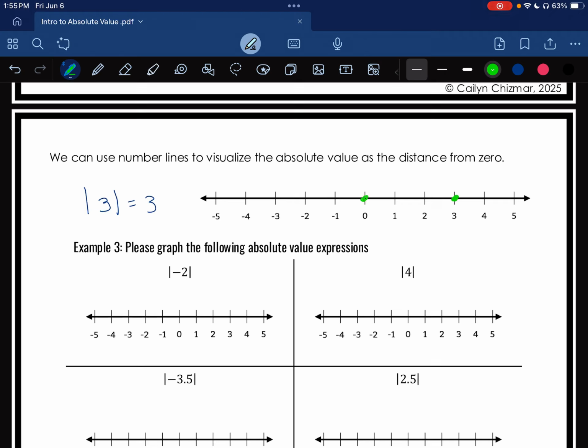This distance is the absolute value of 3. So notice the distance from -3 is the same, just in the opposite direction. Those are equivalent.